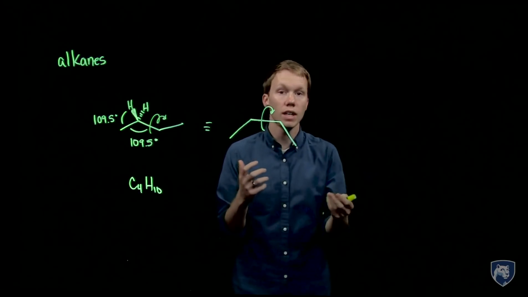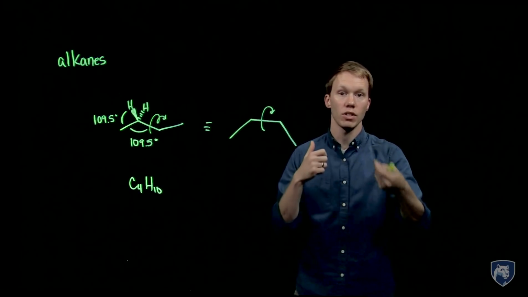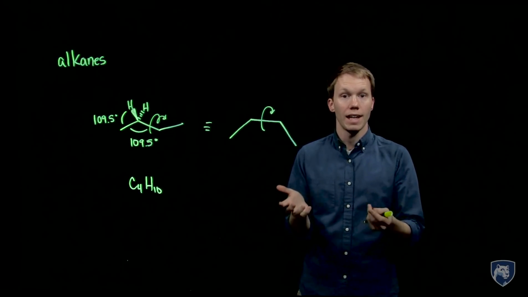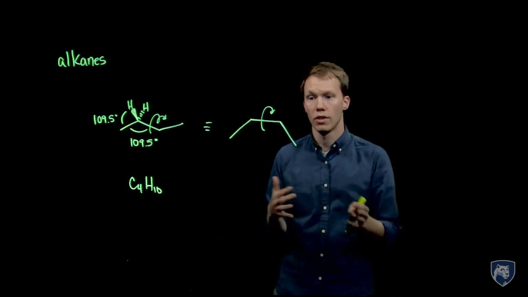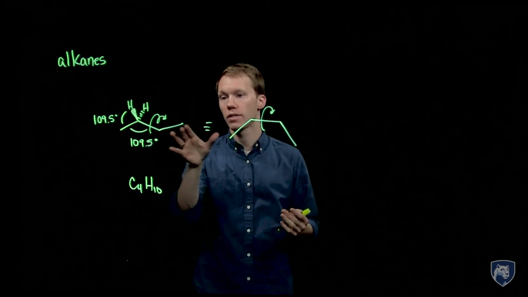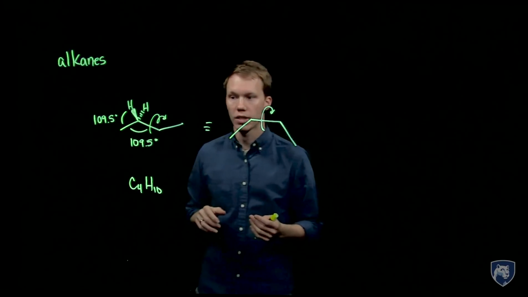Okay, so there's an infinite number of conformations that we could get if we spin around that bond. Some, of course, are more stable than others, so most of the time the compound will actually exist in this conformation, which we call staggered, but that's not something we're going to focus on here.